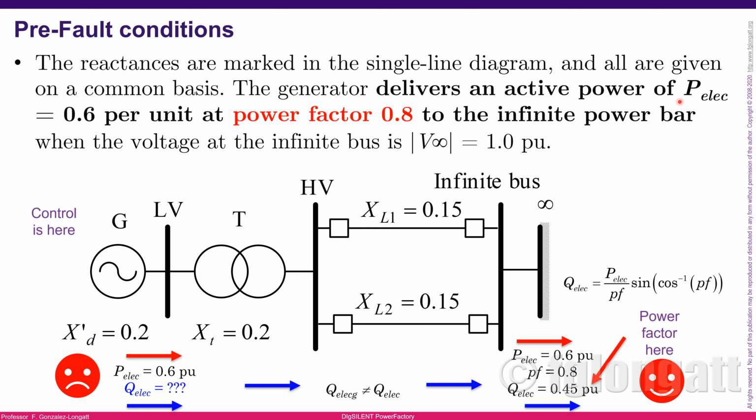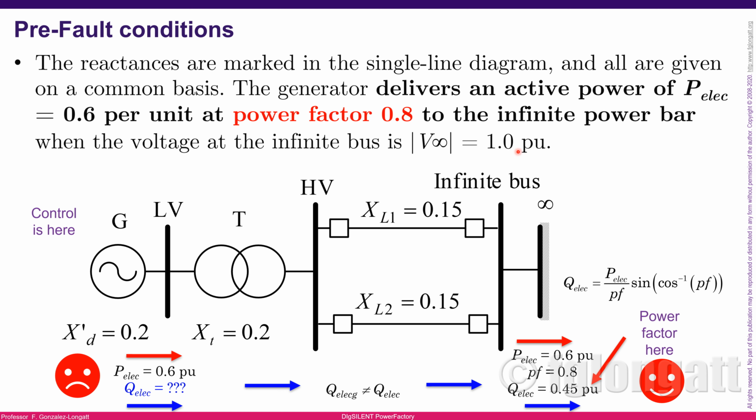What I am telling you is that this small paragraph here is giving you a very important piece of information, because it is defining where the steady state pre-contingency conditions are known.